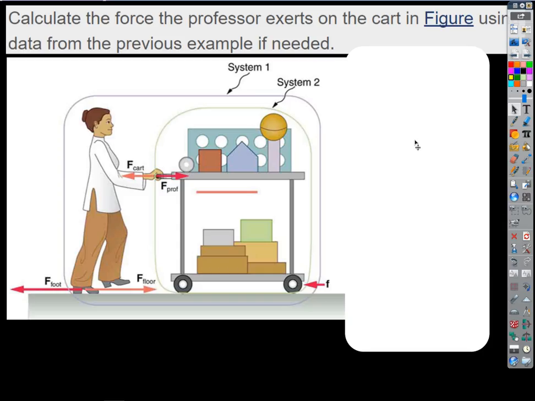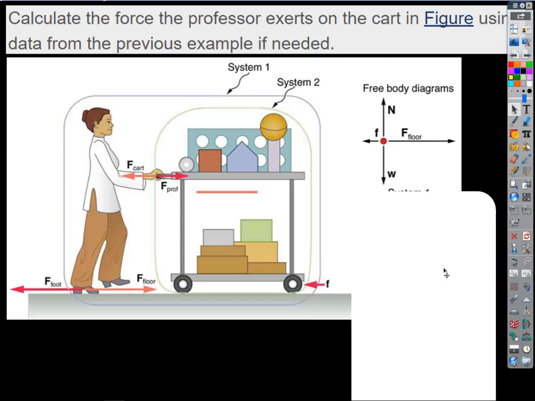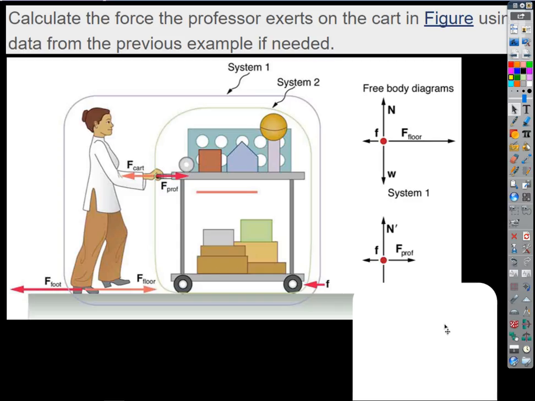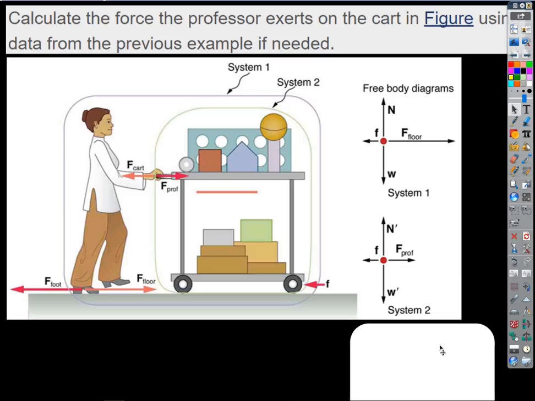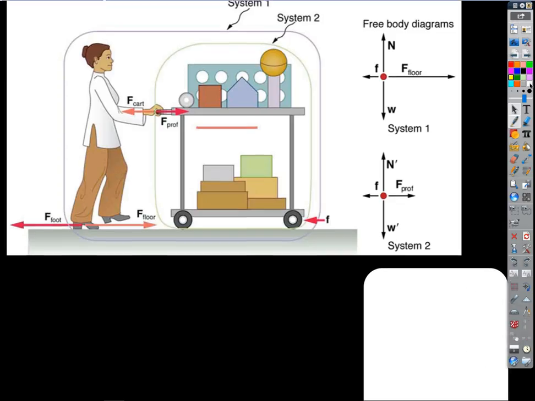So the free body diagram looks like that. Whoops, that's the wrong one. There's the bottom one. So, system two: the professor pushing forward, friction pushing backward, and we can forget about the vertical stuff. What's the positive force?